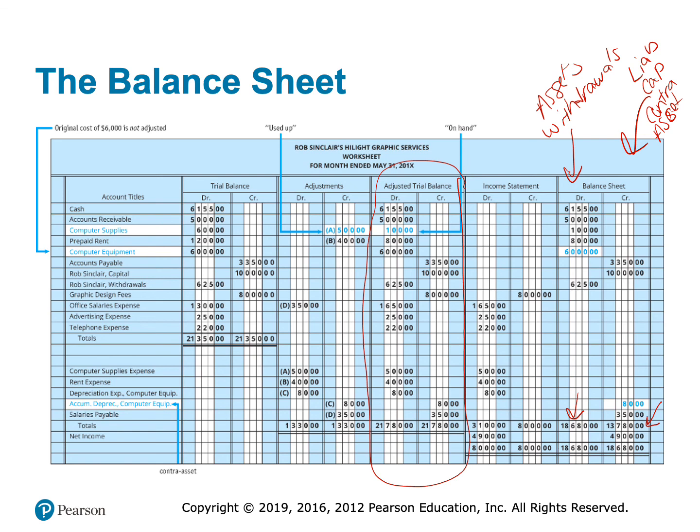It's just that the worksheet skips that part. So what we have to do is add the net income to the credit column here, because the net income increases capital, which is in the credit column. So I'm going to add it, and notice that the net income was in the debit column of the income statement columns, and now it's going to be in the credit column of the balance sheet. So when I add that net income, notice now that they both balance.